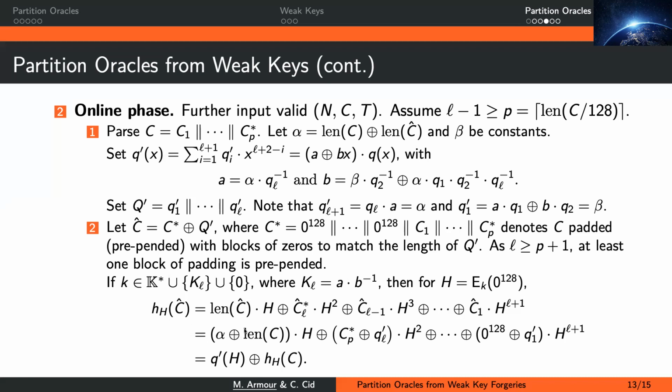So we've been able to construct a ciphertext that will decrypt correctly under a set of keys that we know. So we can now test all of these keys basically. So we have a way to do a partition oracle.